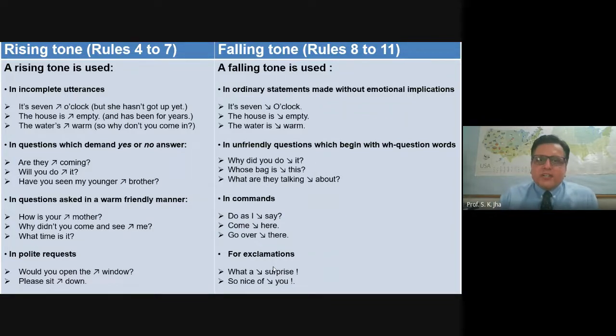Then falling tone you can use in some circumstances, like in ordinary statements made without emotional implications. It's 7 o'clock. We are falling our tone. It's 7 o'clock. The house is empty. The water is warm. Because we are not using any emotional implications here. Then in unfriendly questions, which begin with WH question words.